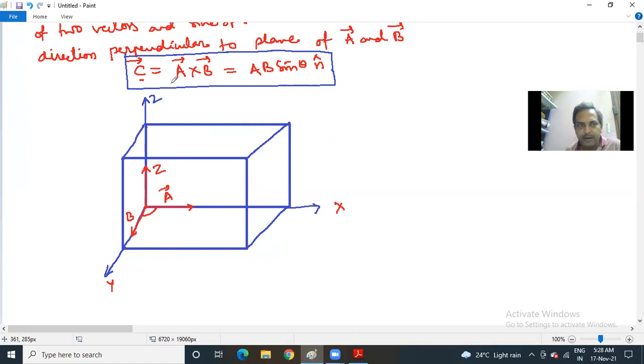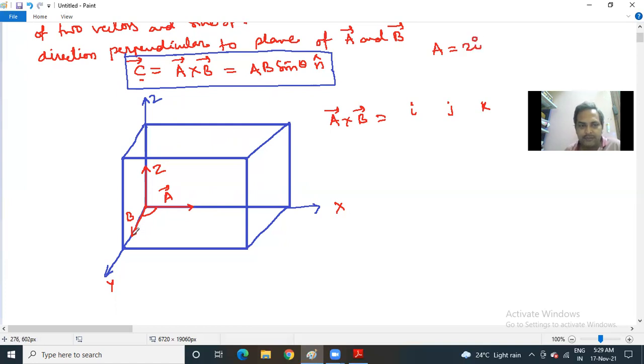So there is a way to get the result of cross product, A cross B, the matrix method we use. You have to check whether the resultant will be upward z axis or downward z axis. We'll see. I, J, K. Now you treat A as 2i, since it is falling along x direction, you don't take y direction.